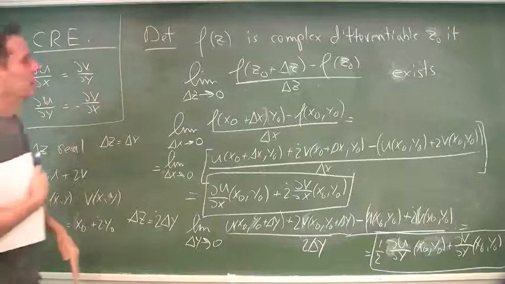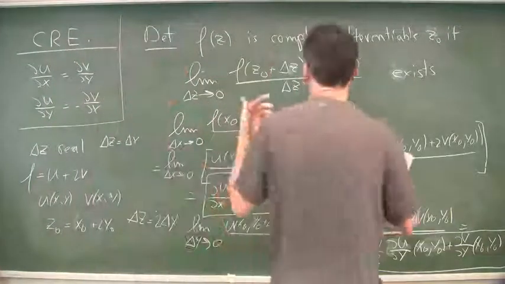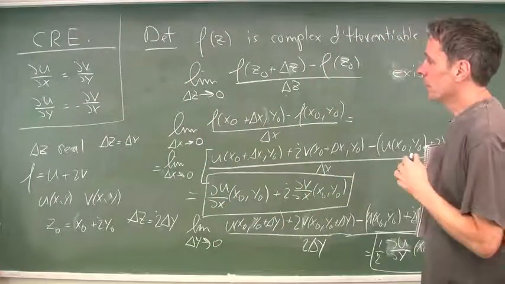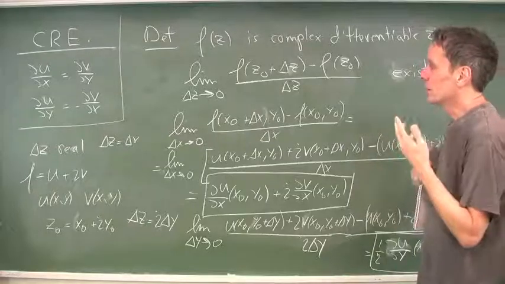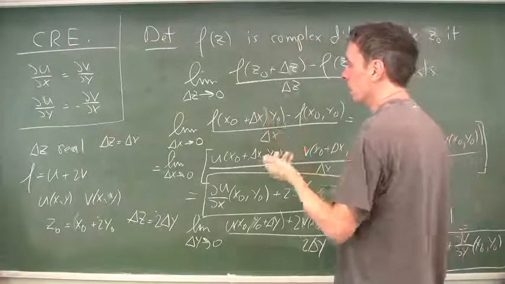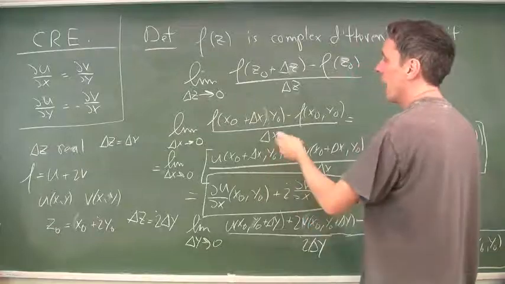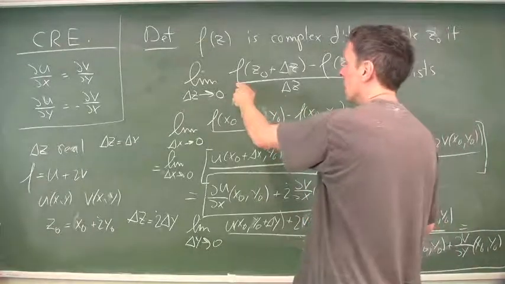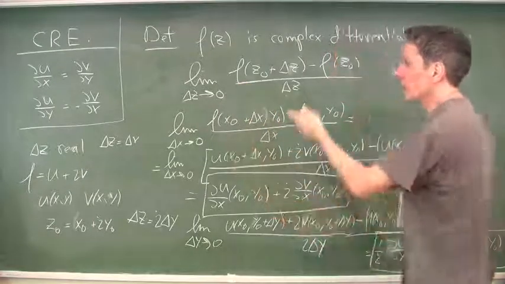So in this way we arrive at exactly the same condition for complex contour integrals to be path independent as for the corresponding function f to be differentiable in this complex sense.